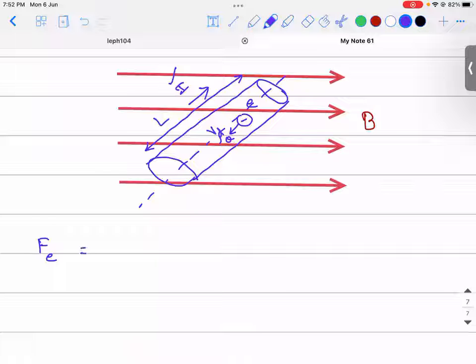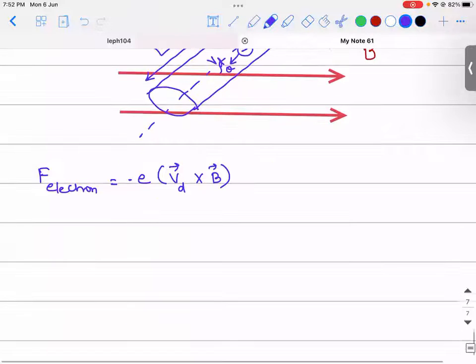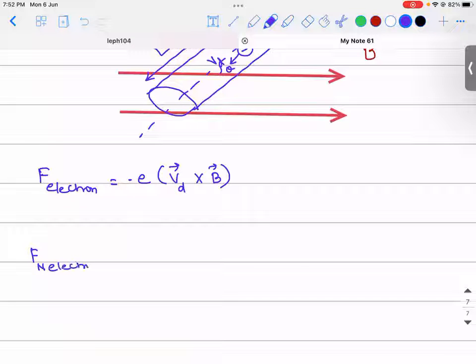Now, what will be the force experienced by the electron? It is minus e into Vd vector cross B vector. Accepted. Then what will be the force on n electrons?